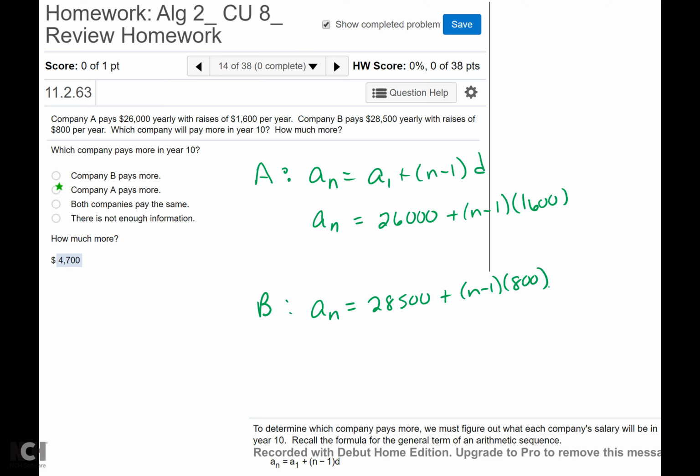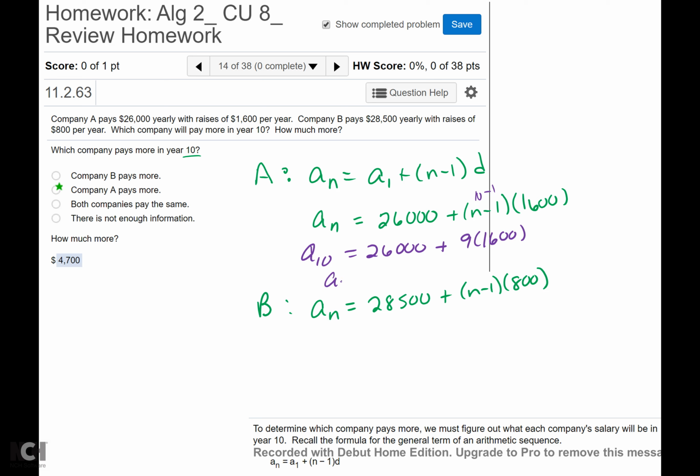Okay? And they want me to figure out which is the better deal in year 10. So in year 10 for Company A, I'll get 26,000 plus 9 1600s, because 10 minus 1 is 9. So 26,000 plus 9 times 1600.